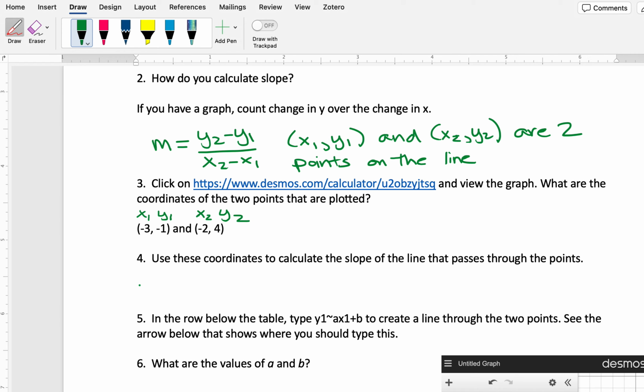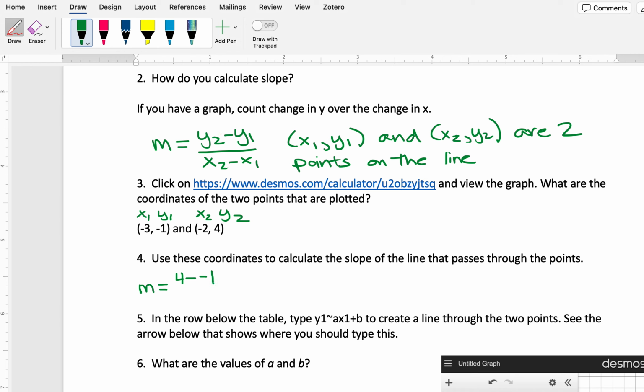So now I'm going to plug these points into my formula. So m equals y2 is 4 minus y1. y1 is -1. Now you have to be careful when plugging in negative numbers here because there's a minus sign in my slope formula. So this is minus -1.